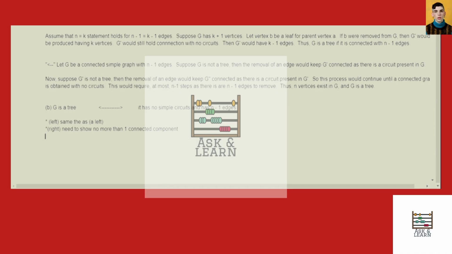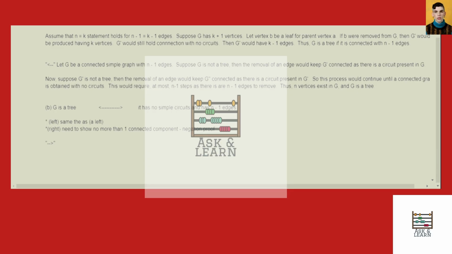So we need to show that it cannot have more than one connected component. In order to do that, whenever you're going to have no more than a certain number, you always want to do a negation type of proof. So suppose it does have what it's not supposed to have. And that way, if you can prove a contradiction, then you can continue on.